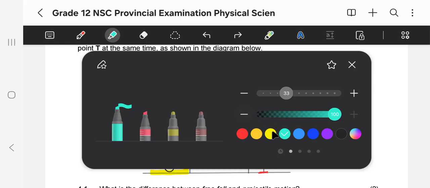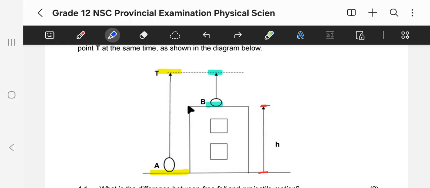The difference that we are going to find is here, and that difference, the one highlighted in blue, is this height. So we find the yellow height, find the green height, and subtract the green height from the yellow height to remain with what? The red height, or blue height. I hope you understand this.